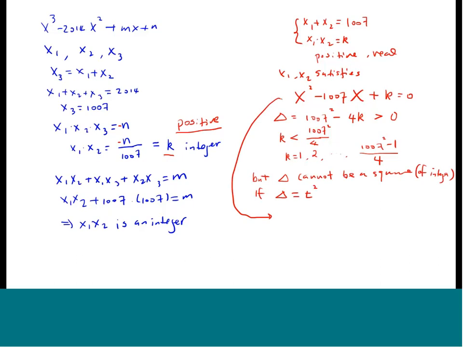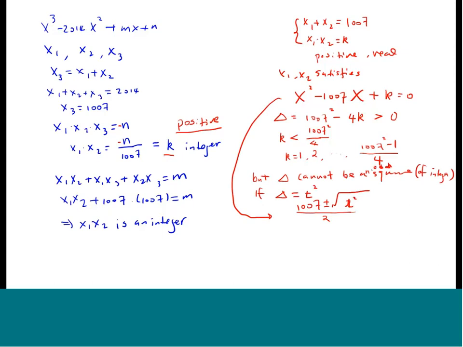The two roots are going to be 1007 plus minus the square root of delta, that's t squared, then divided by 2. Delta cannot be an odd square.